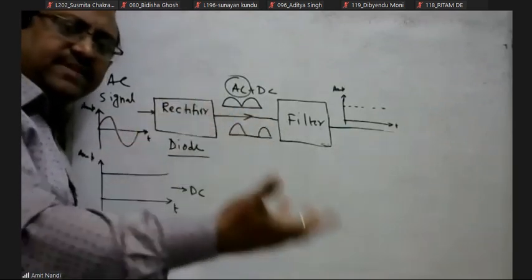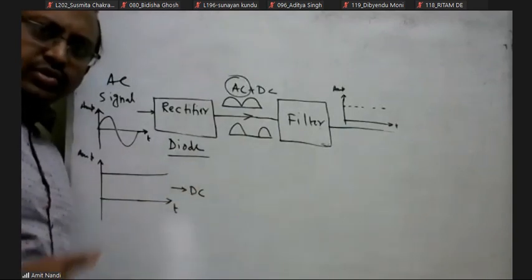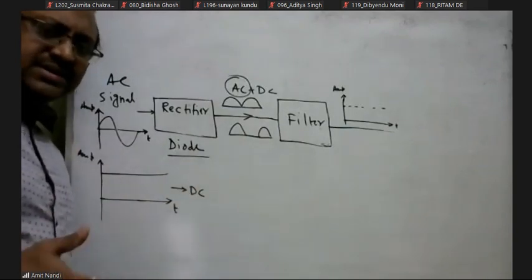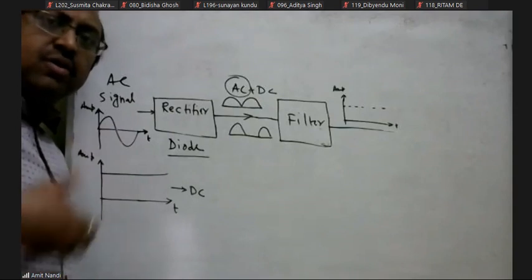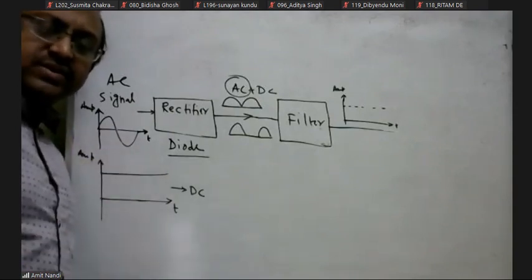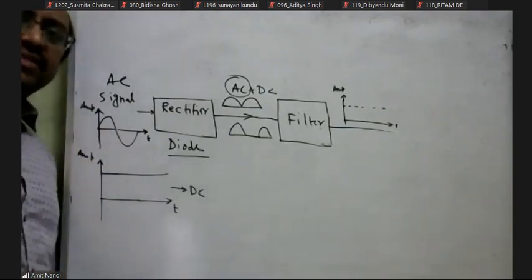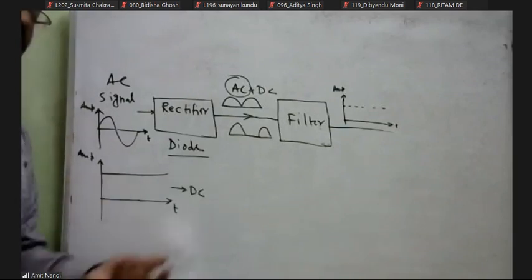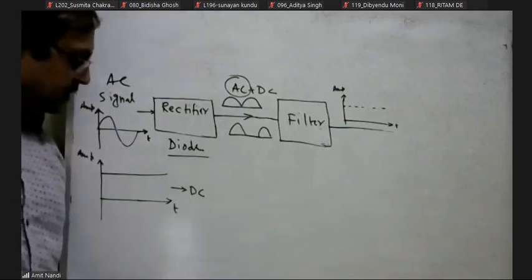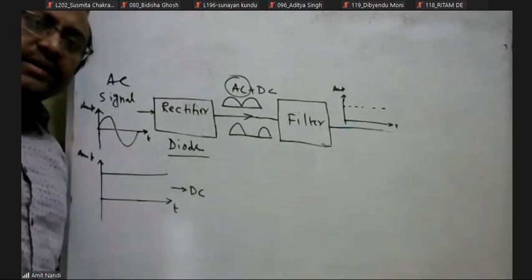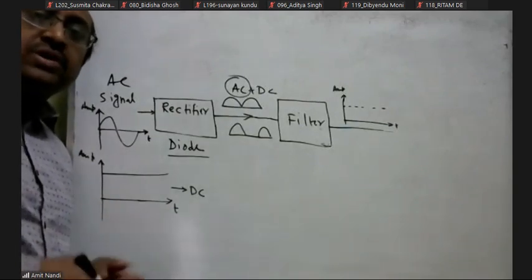That means we can use some capacitor or inductor as a load. Or sometimes we can use a combination of resistor and capacitor. So the load can be variable. And due to the variation of the load, we see that the output voltage cannot be constant.